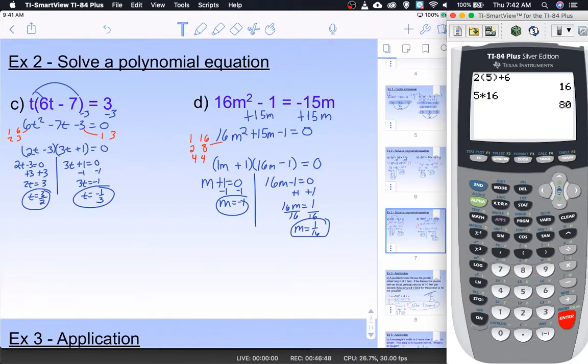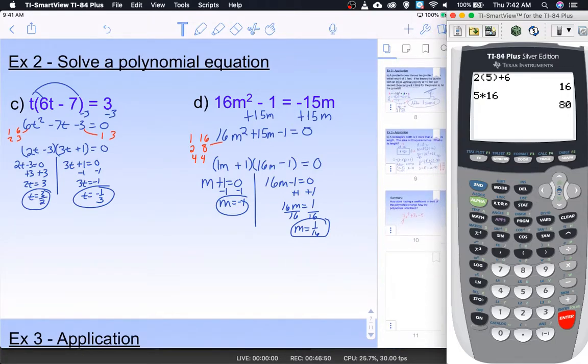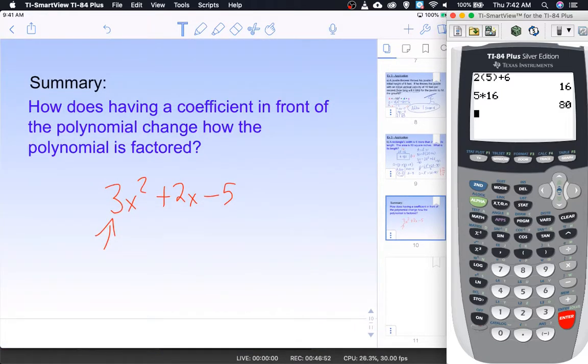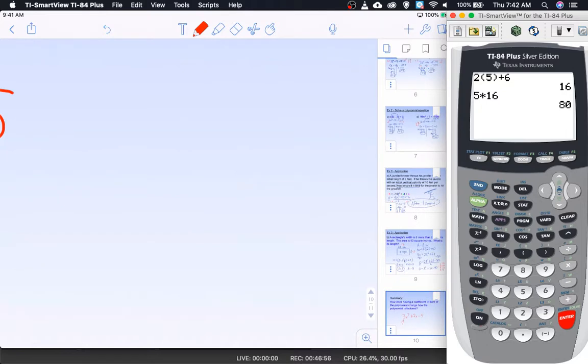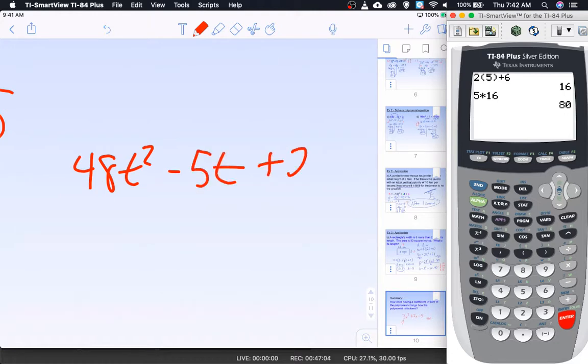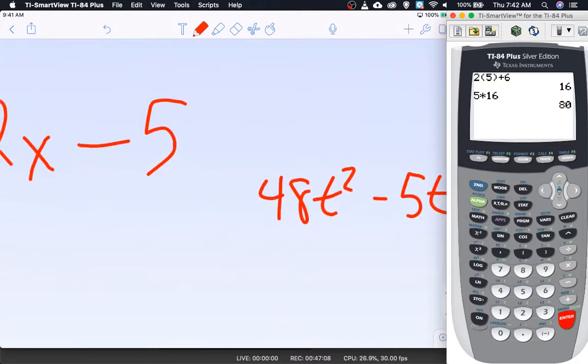There are times where, let me go back down to the summary page. Imagine you had a polynomial like 48t squared minus 5t plus 24. Now, this probably doesn't even factor. I'm not worried about actually doing the problem.